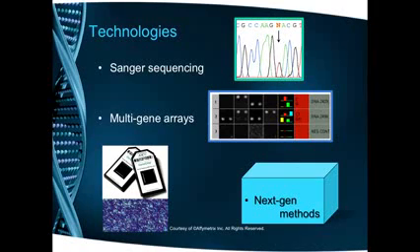For larger mutation panels, or where you want to look at multiple mutations in multiple genes, you can use small arrays such as arrayed primer extension arrays, shown here, or you can use large resequencing arrays, and those are really great for population genetics. And then, of course, there's the promise of the next-gen methods. For many of us, quite a black box, or in this case, a blue box still. But these methods also hold a lot of promise.